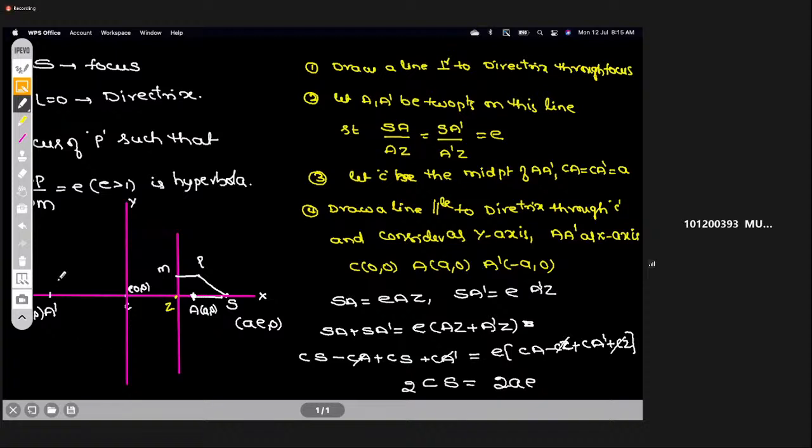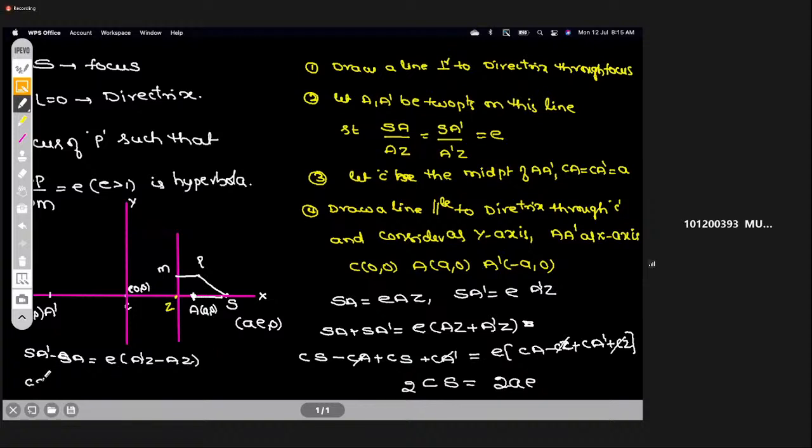Next one is, I don't want to turn the page. Here only I will write. What is the next one? SA prime minus SA is equal to E into A prime Z minus AZ.